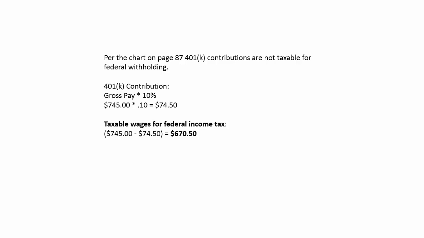So $745 gross pay times 10% for his contribution equals $74.50. We subtract the contribution of $74.50 from his gross pay of $745, and we get taxable wages for federal income tax of $670.50.